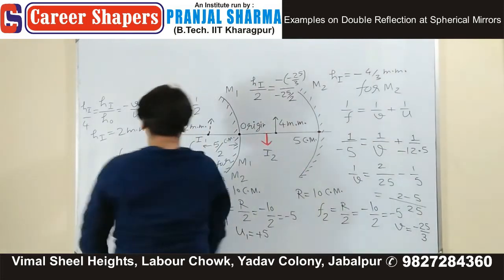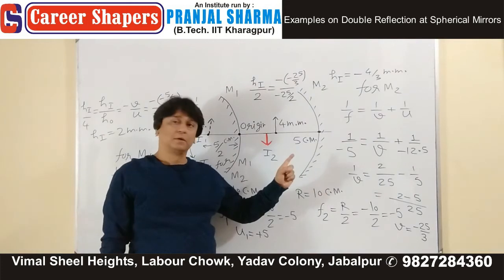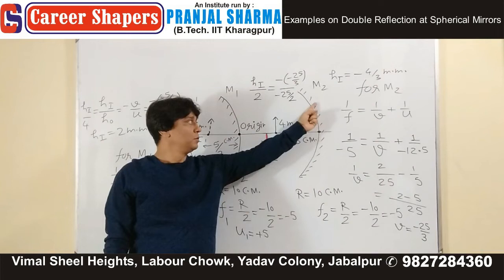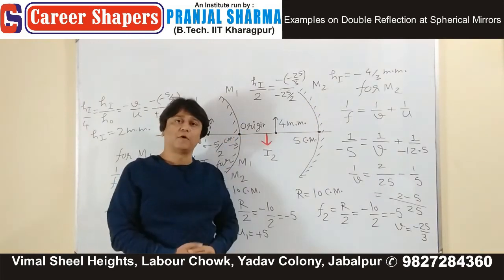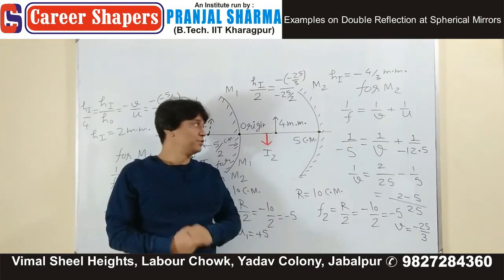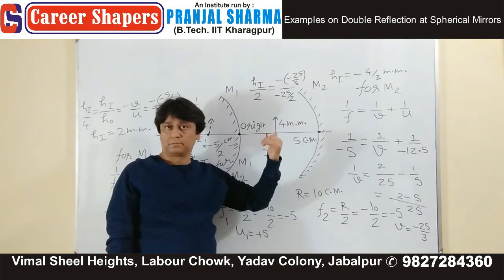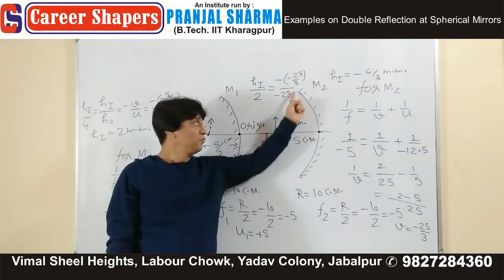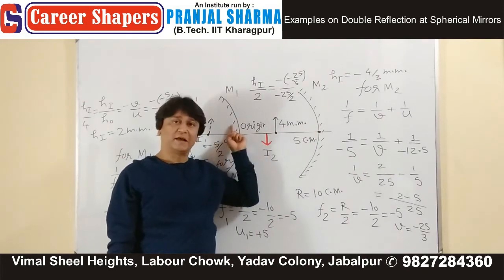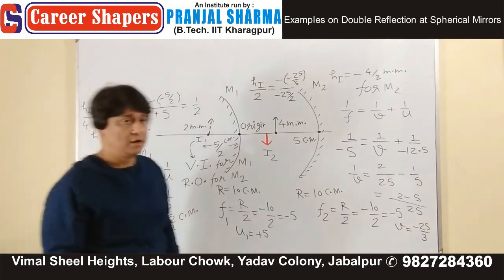Now, repeat this question, but first reflection is from M2 and second reflection is from M1. Find out position of the final image. Should not take more than 30 seconds. First reflection from M2, second reflection from M1.